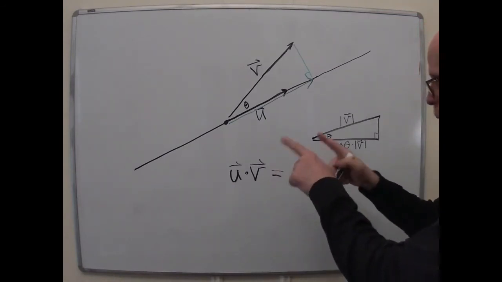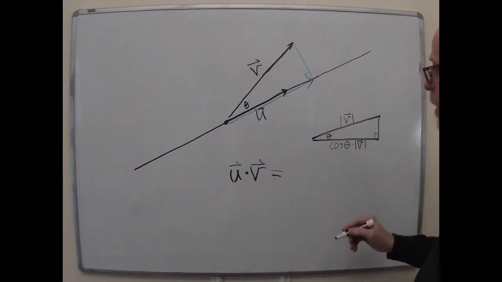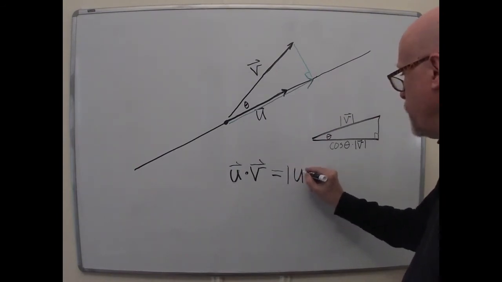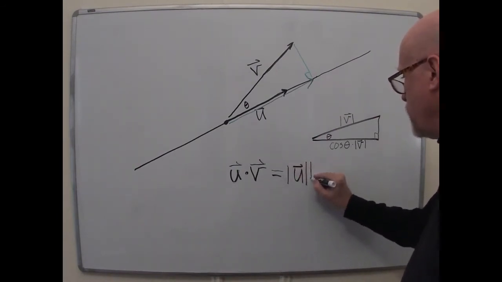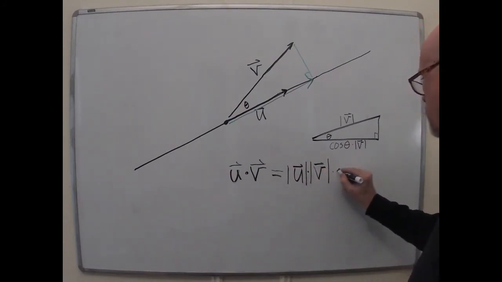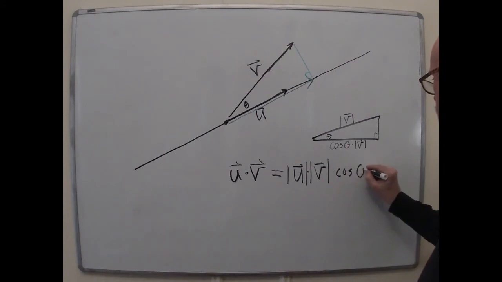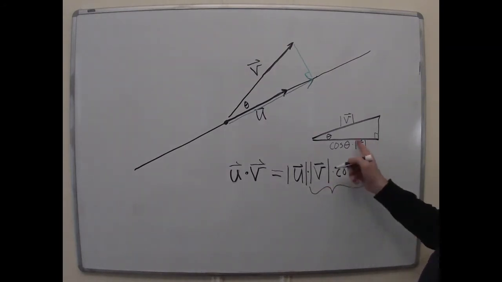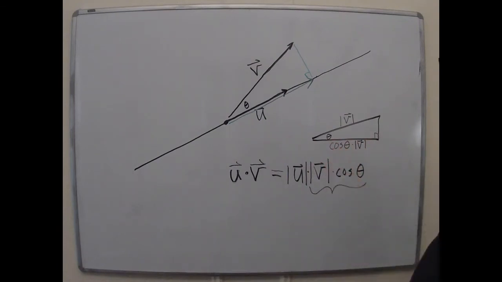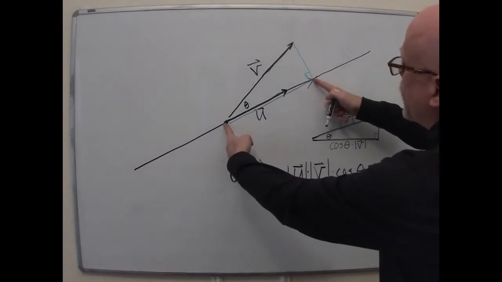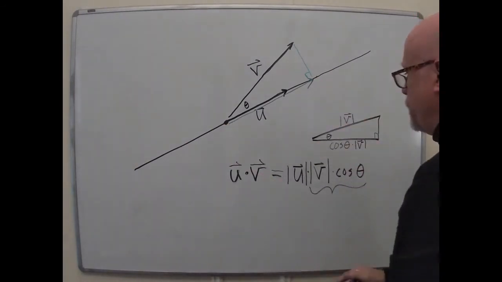I can multiply corresponding components and add them all up, or I can use the geometric interpretation: it's the product of the lengths of the vectors times the cosine of the angle. You see the piece I'm talking about sitting right in there? That's one of the sides of our triangle, and that's the distance in the direction of u that v projects onto.